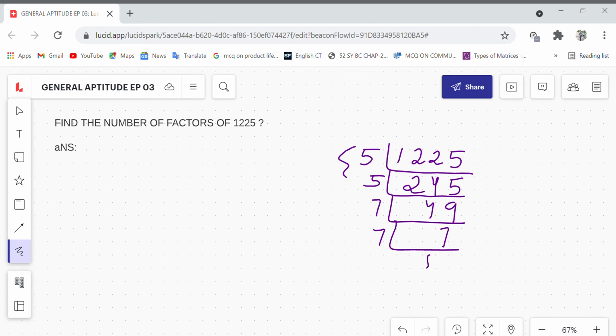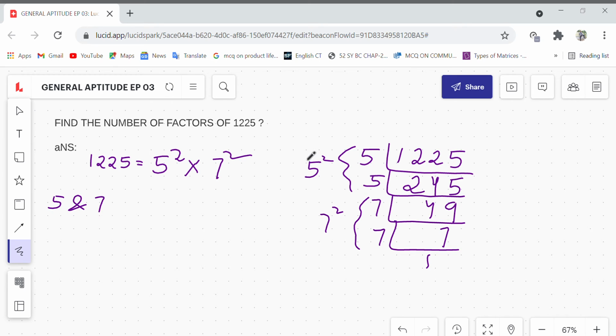So this is 5 square. This is 7 square. So we can write 1225 equal to 5 square into 7 square, where 5 and 7 are prime factors.